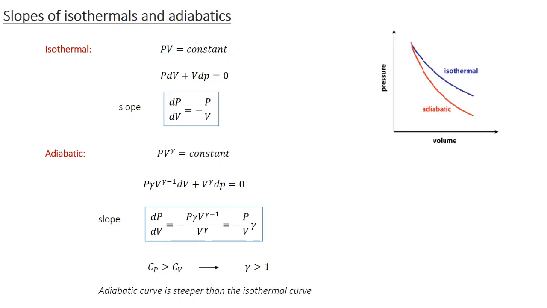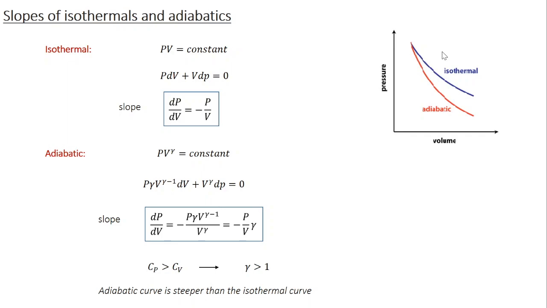And what is the physical implication of this? We know that the area under the curve in a PV diagram represents the work done. So obviously the area under the adiabatic curve is less than the area under the isothermal curve. So we concluded that work done in an adiabatic process is less than that during an isothermal process.